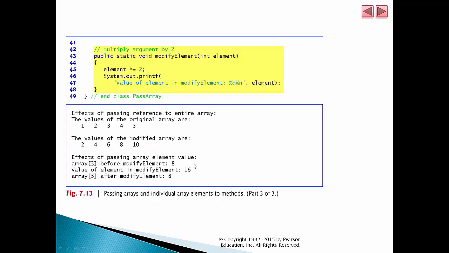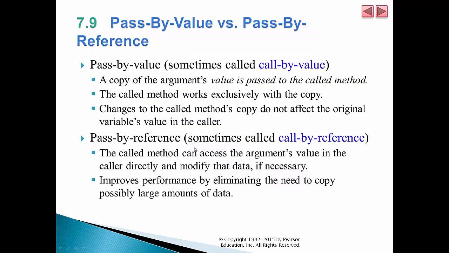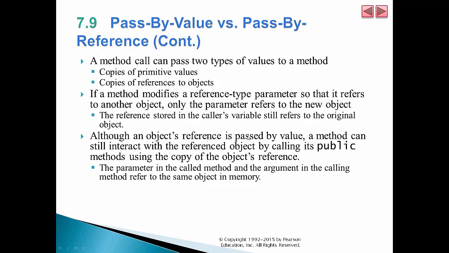It wasn't changed because you're passing a value, not a reference object. So this is called call by value versus call by reference. I just explained that to you with the example of arrays. It's not just for arrays, it's for all reference types. Any reference type like objects is passed as a reference.